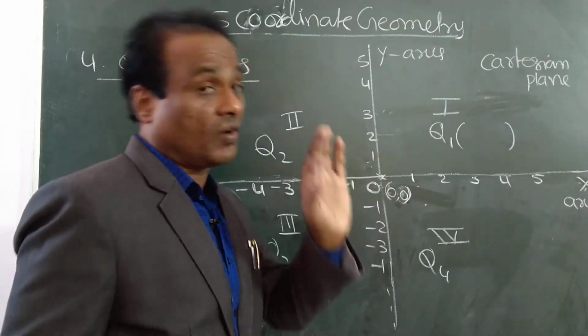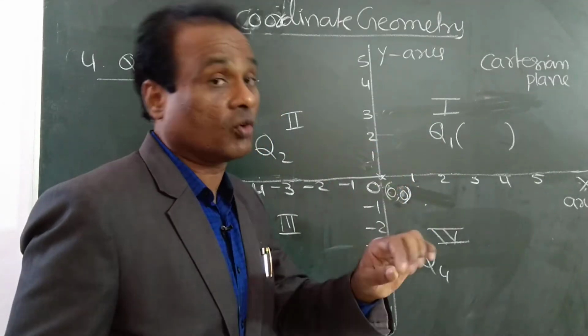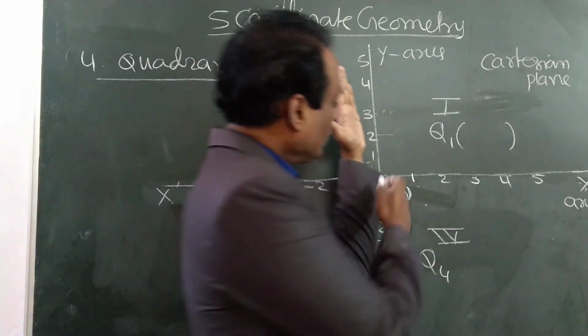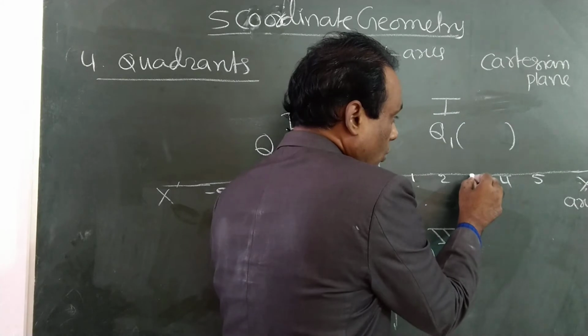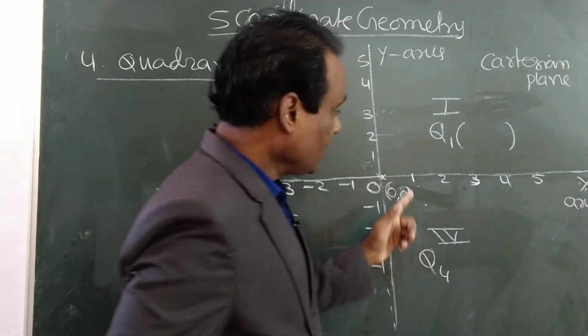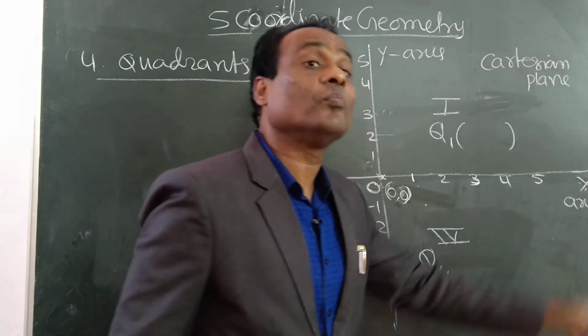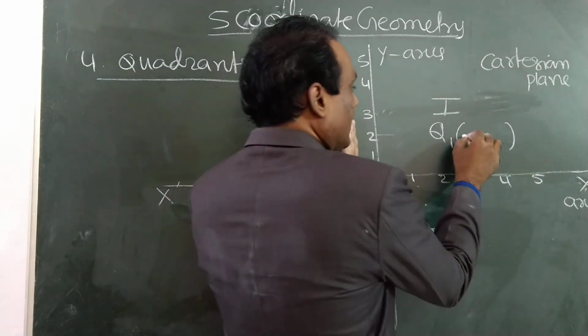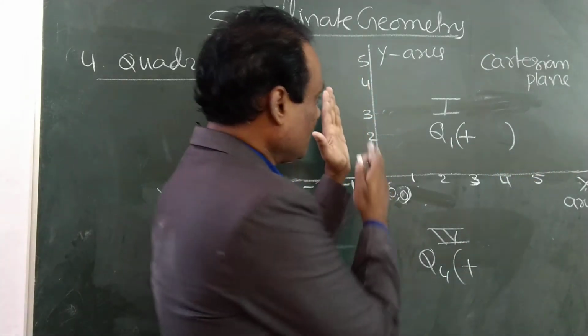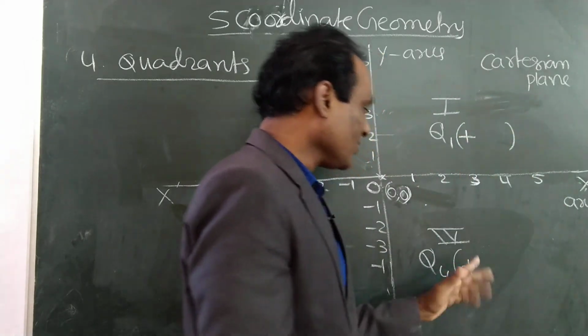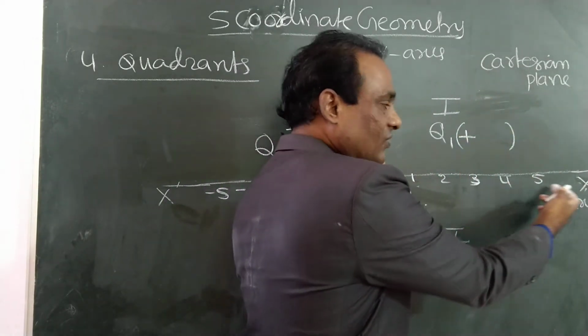X value positive or negative, y value also positive or negative, that you tell. This side, x values are positive or negative? Positive only. This side x values are positive because plus 1, plus 2, plus 3, no?